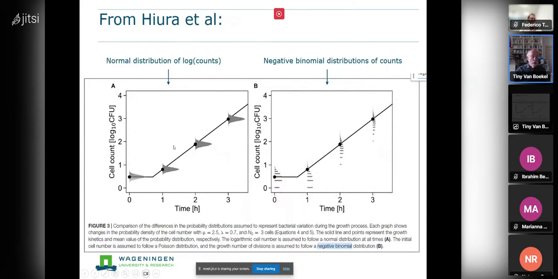Here they have taken the logarithm of the data and assume a normal distribution for the log of the data, I should say. And here they have taken the negative binomial distribution. And you can see that this distribution of uncertainty is very different from the normal distribution.